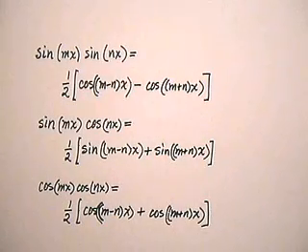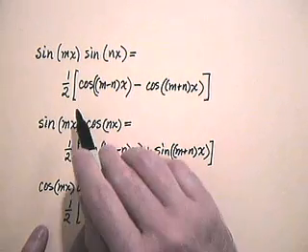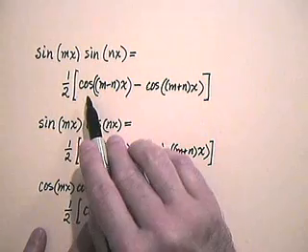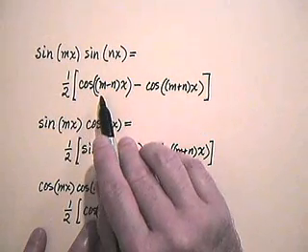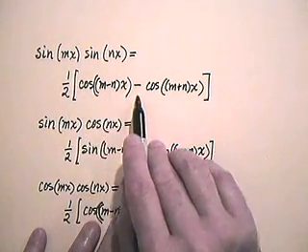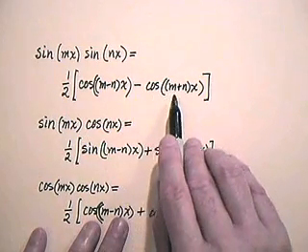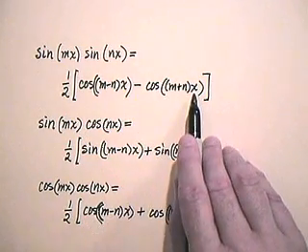If I have sine of mx multiplied by sine of nx, that can be simplified to 1/2 the cosine of the quantity m minus n times x minus the cosine of m plus n times x.